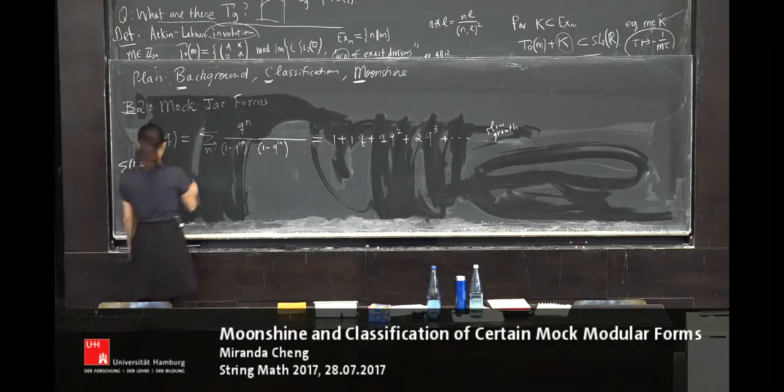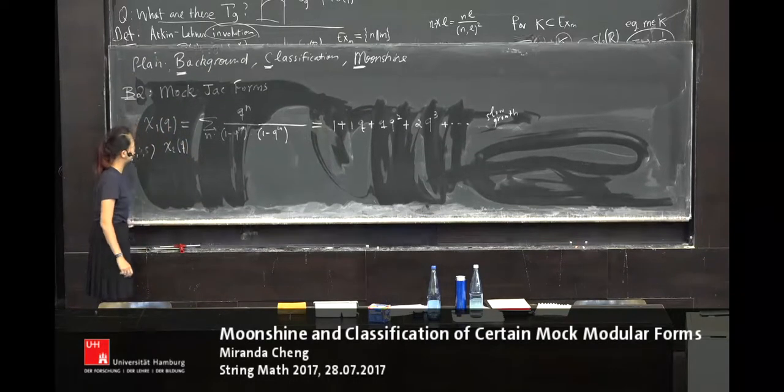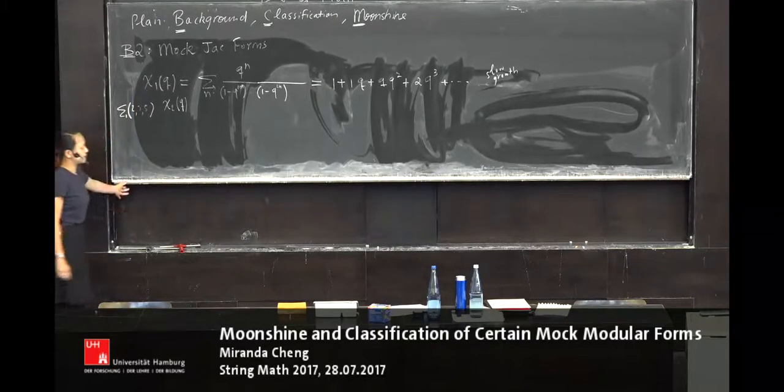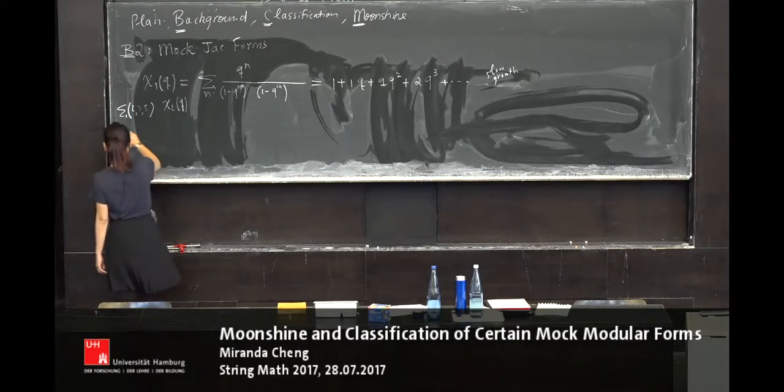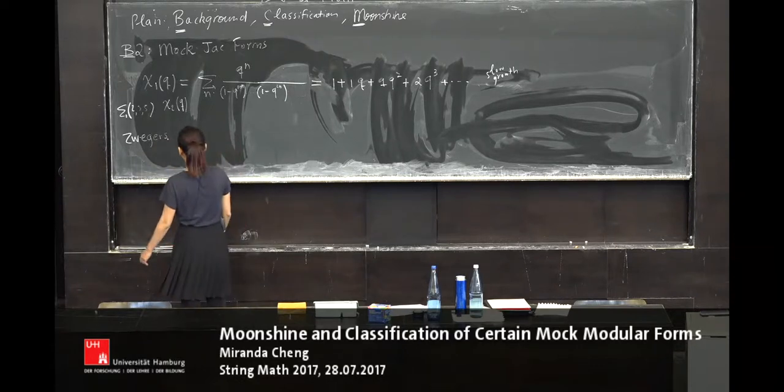Ramanujan also wrote down a similar function, chi2, but we're not going to talk about it. But what is its modular property, okay? And this was answered by Zwegers in 2005.